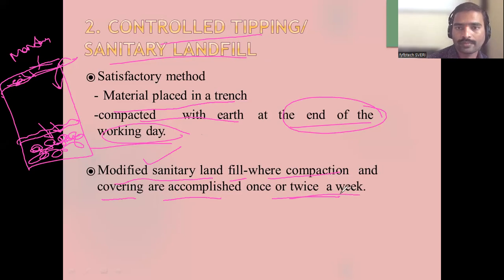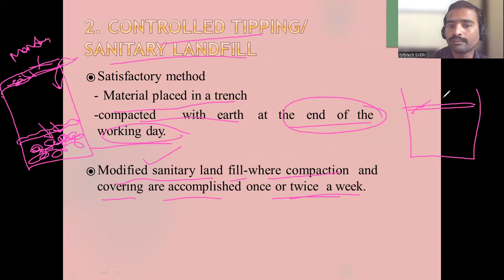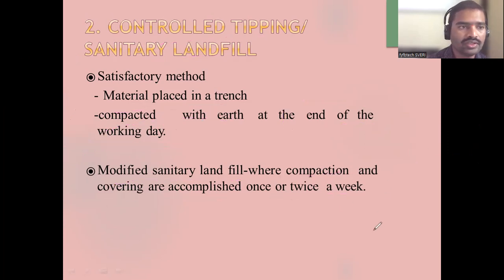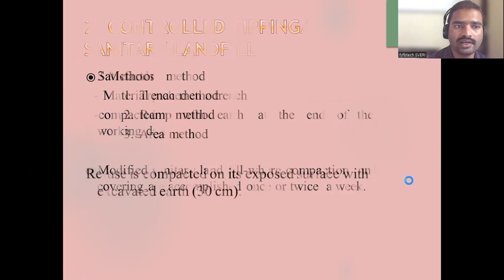First, in the working days they are opening it, and after the end of the working period they are closing. So in the modified sanitary landfill, after once or twice in a week they are completing this. They are burying this one. They are finishing this pit. Okay, this is the controlled tipping sanitary landfill.